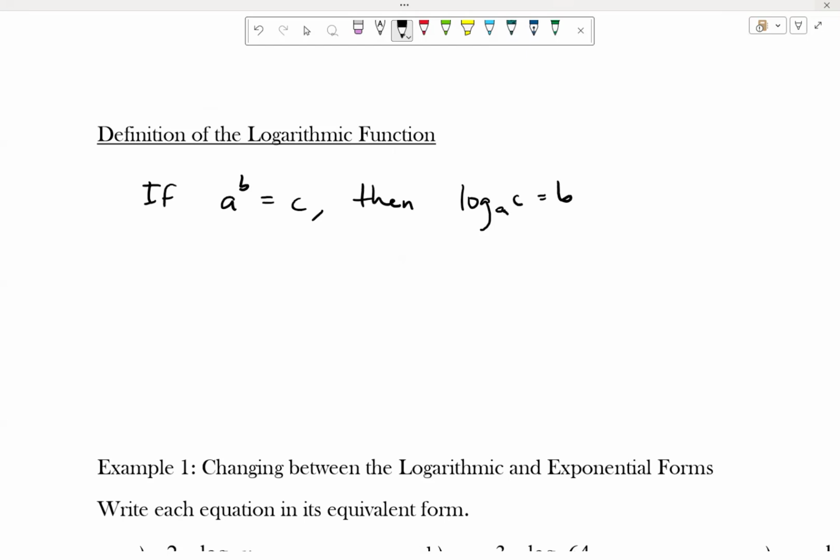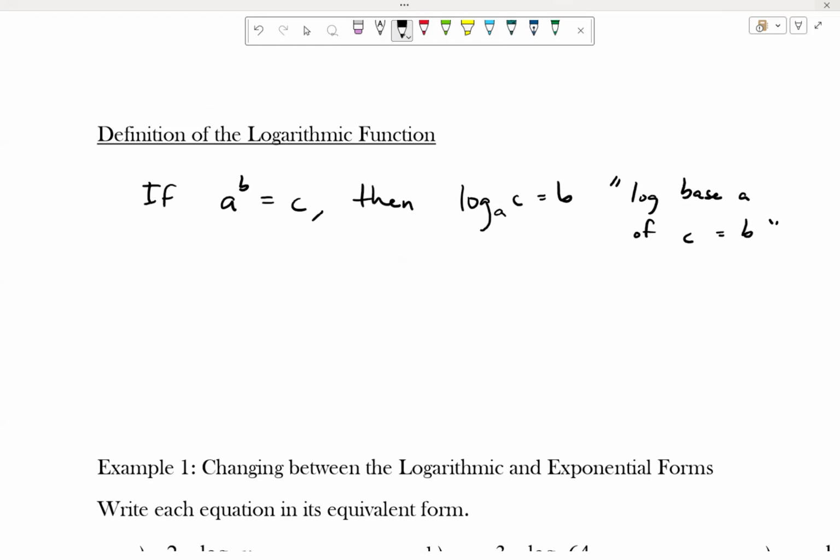This is a subscript. Log base a of c equals b.